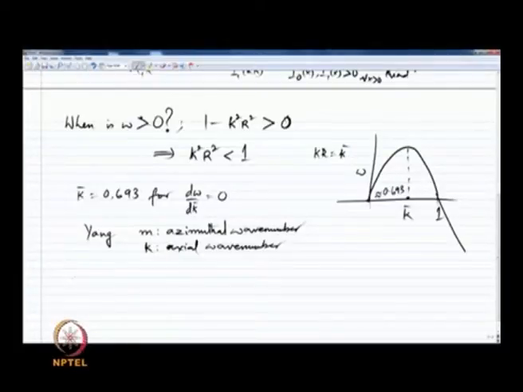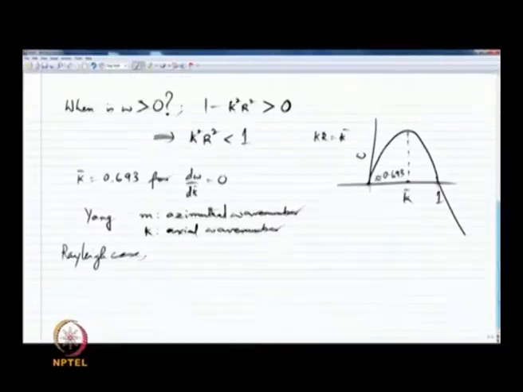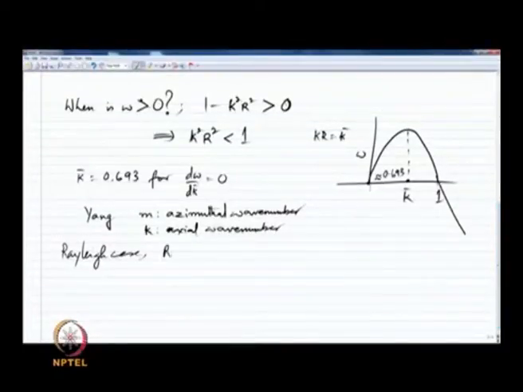And if I go back to the Rayleigh case for a moment, what we can show is that the real part of omega for all m greater than 0 is less than 0.